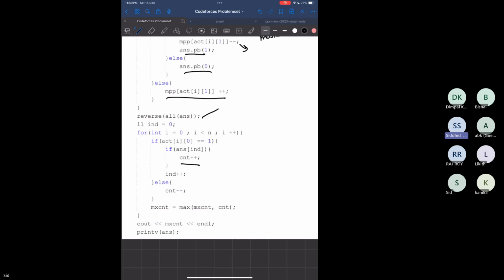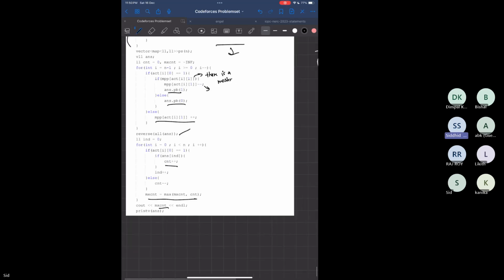Suppose we get a potion and there is a monster, then I'm taking the potion and count plus plus, and if there is not, then count minus minus. Throughout the time I am keeping a maximum count: if at any moment it gets maximized, we store it in max count. I am outputting max count and printing the answers of which potions we have taken or not. I hope this is clear. So this was question E.